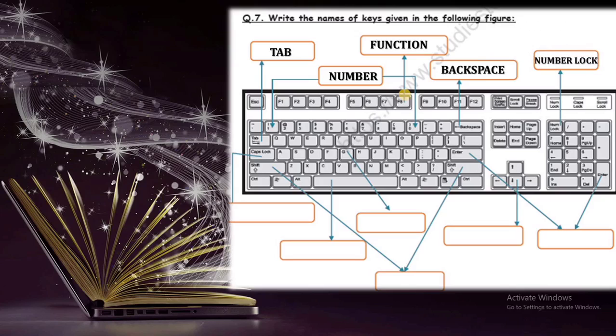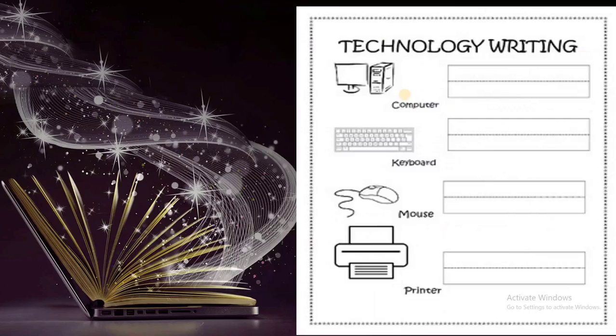The next keys: number lock key, enter key. Remember that we have two enter keys on the keyboard. The four arrow keys are identified as cursor keys, then the letter keys, shift key, space bar and caps lock, right? So these are all the keys.